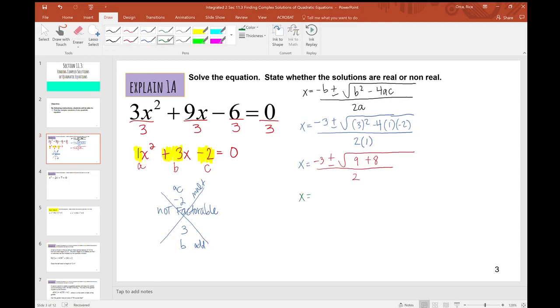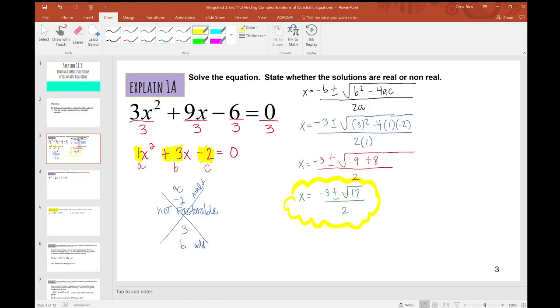X equals negative 3 plus or minus the square root of 9 plus 8 is 17 over 2. And if we look at the number under the radical, notice how we have 17. 17 is a prime number, so we can't simplify radical 17, which means that our solutions are x equals negative 3 plus or minus the square root of 17 over 2.